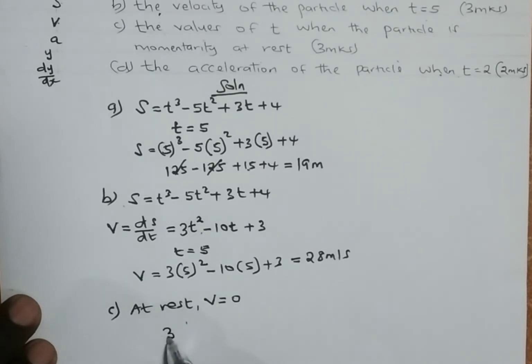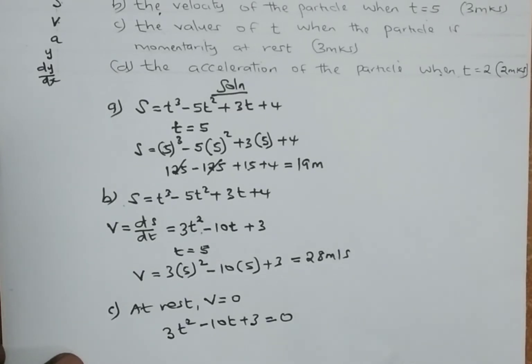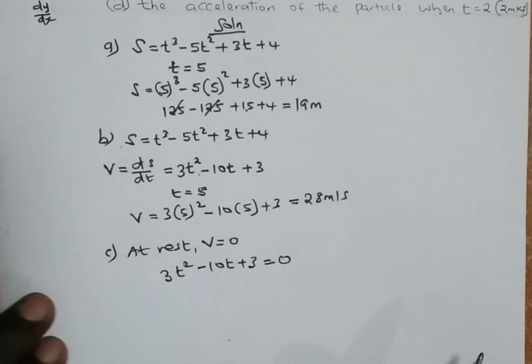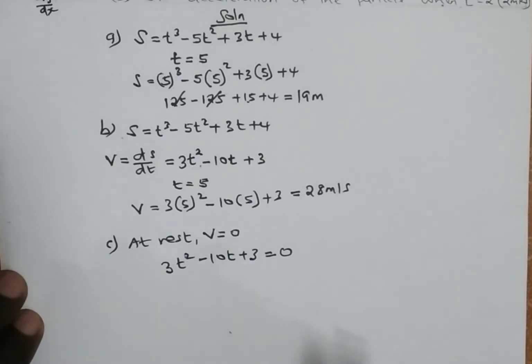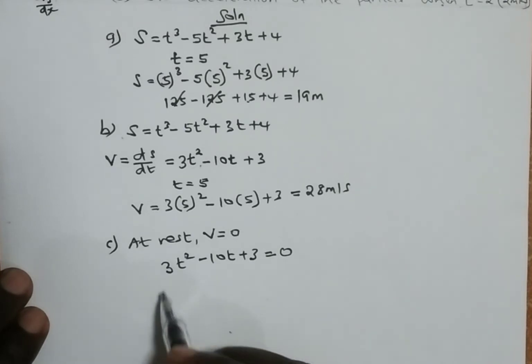The velocity function we have is 3t squared minus 10t plus 3, and we know at rest the velocity is always equal to 0. So you realize what we have is a quadratic function, which is going to be solved using the factorization method. We can use the other methods, but I prefer to use factorization.